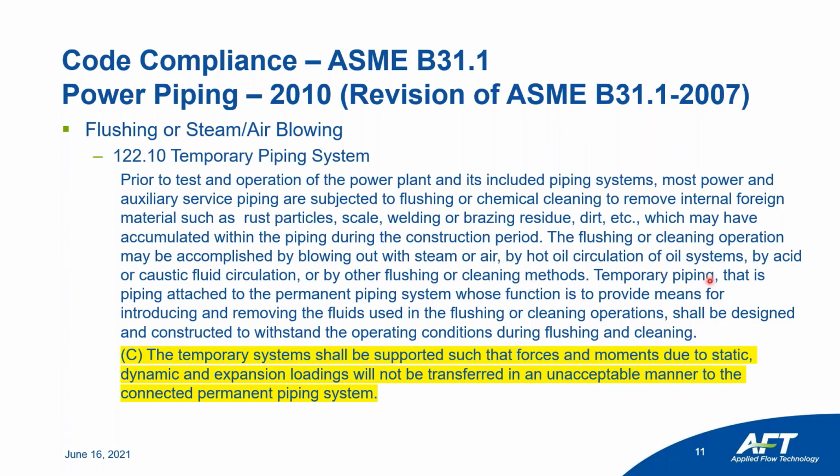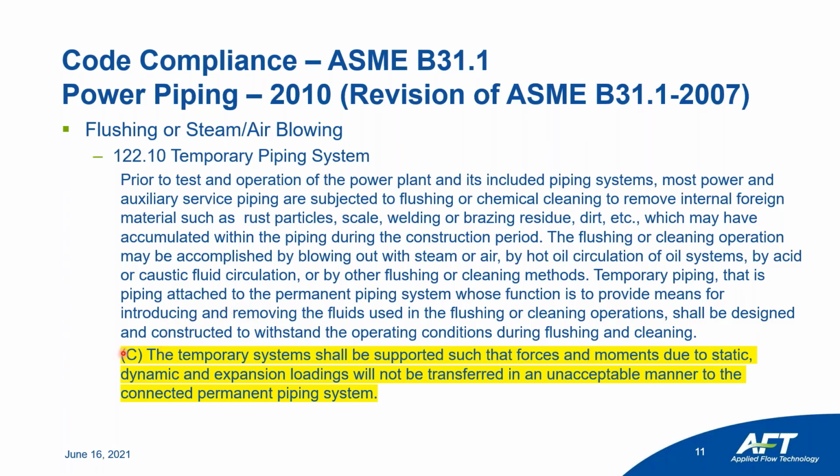Temporary piping, that is piping attached to the permanent piping system whose function is to provide means of introducing and removing the fluids used in the flushing or cleaning operation, shall be designed and constructed to withstand the operating condition during flushing and cleaning. So that's why we talk about a temporary piping system, because it's the one used in steam blowing.